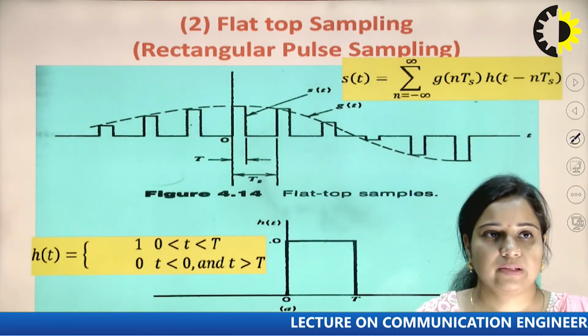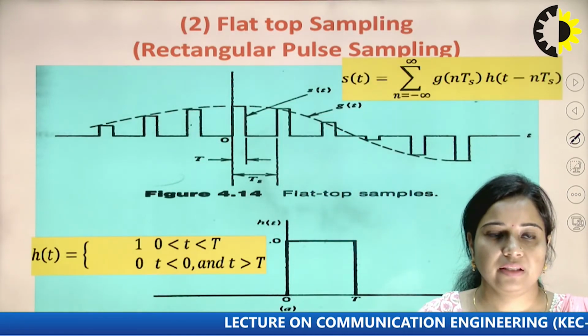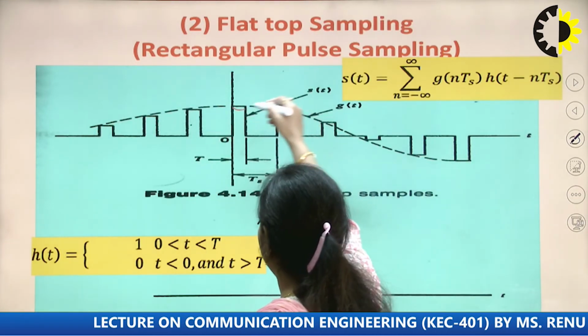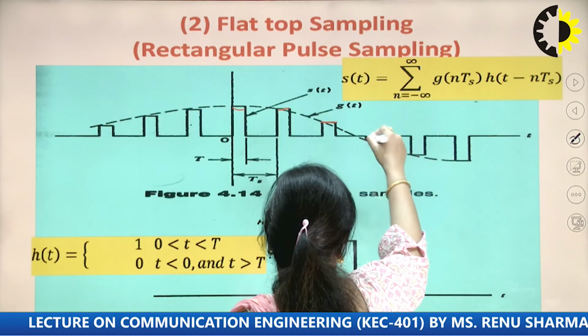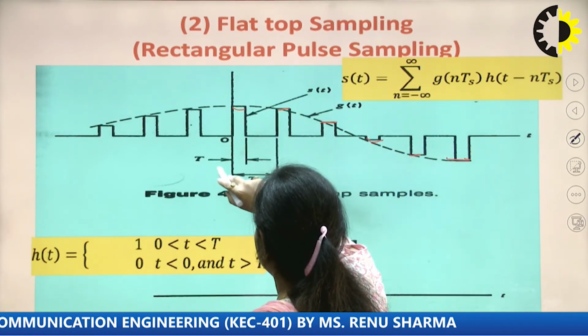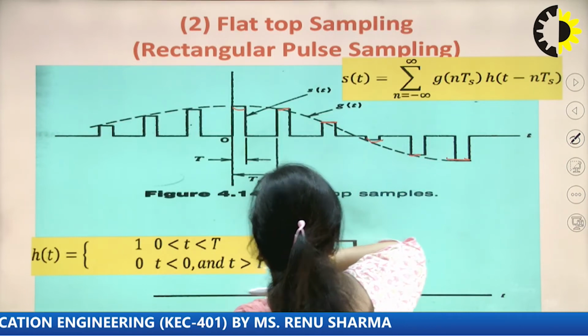Now in flat top sampling, as you can see, the sampled signal has tops which are flat. This is Ts, this is T, and the figure shows the flat top samples.